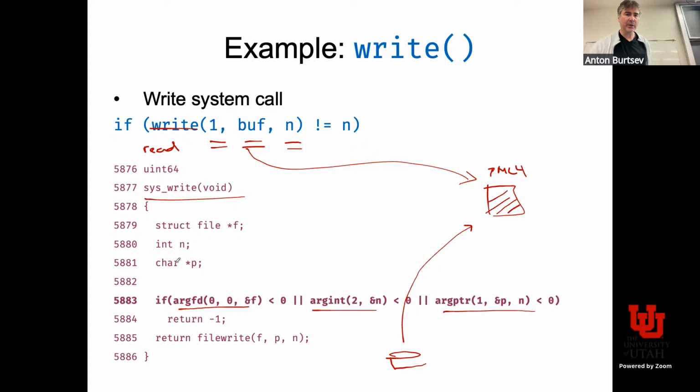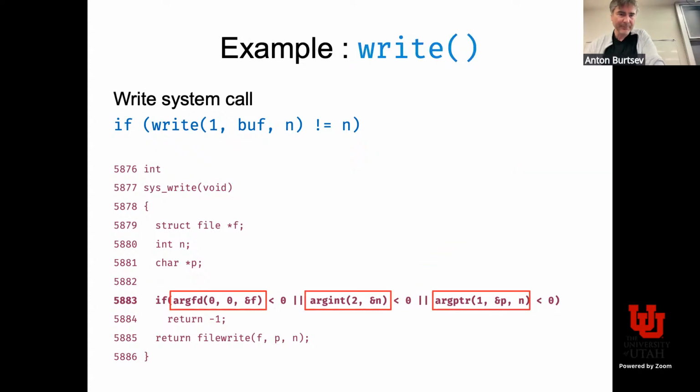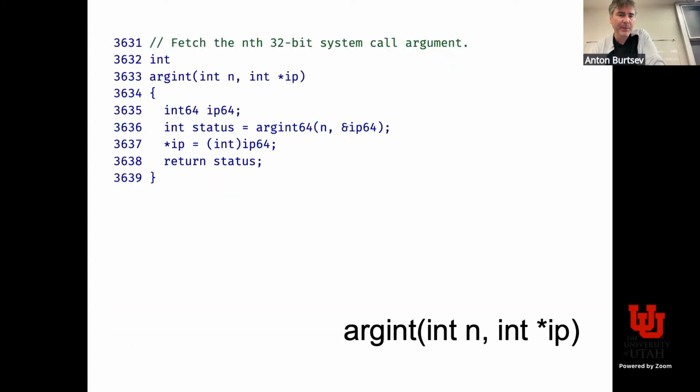So how do we do this? The kernel provides a collection of functions, and on each system call, you invoke these functions to fetch a specific argument of a specific type. For example, to fetch an integer, you say, please give me an integer argument from the user address space.